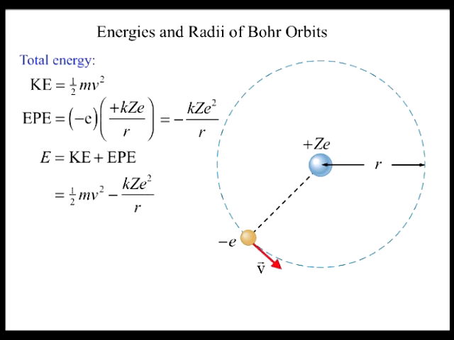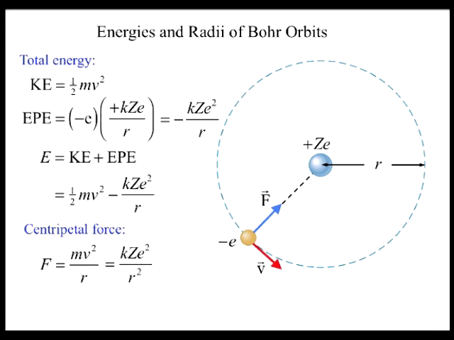We also know that a centripetal force of magnitude mv squared divided by r acts on a particle in uniform circular motion. This centripetal force is provided by the electrostatic force of attraction that the protons in the nucleus exert on the electron. According to Coulomb's law, the magnitude of the electrostatic force is equal to kZe squared divided by r squared.